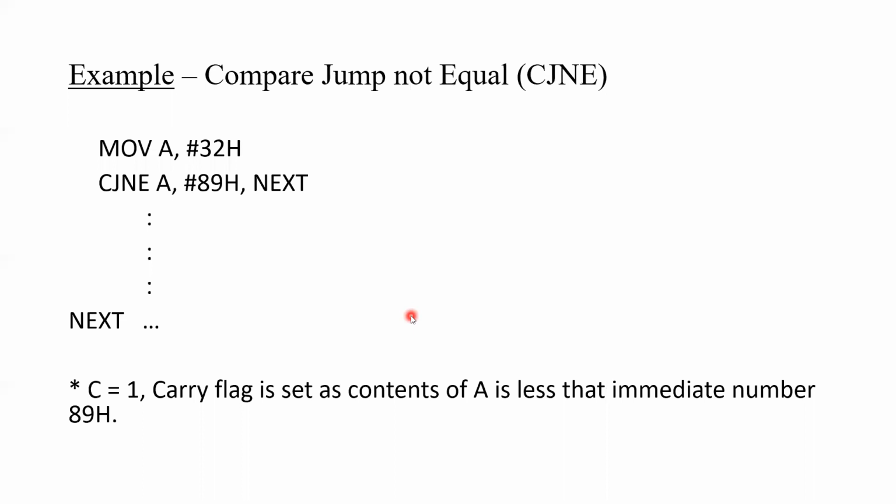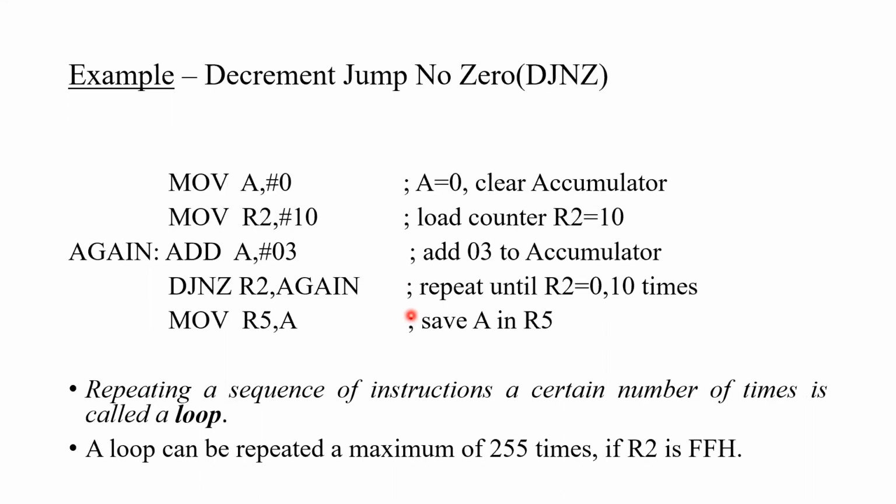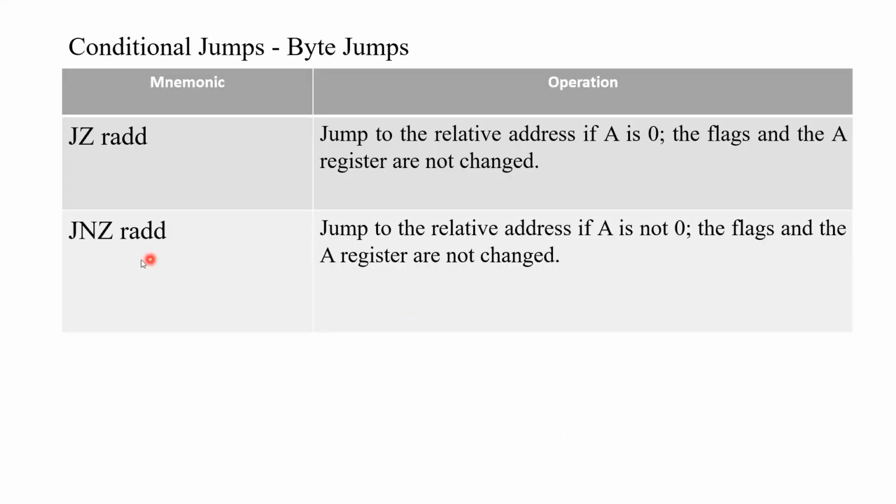But when it comes to jump zero and jump not zero, it will always compare the contents of the accumulator and check whether it is 0 or not 0. If it is 0, it will jump to the relative address, and if the contents of the accumulator is not 0, jump to the relative address. It will not look at the contents of any other register or direct memory. It will look only at the contents of the accumulator.